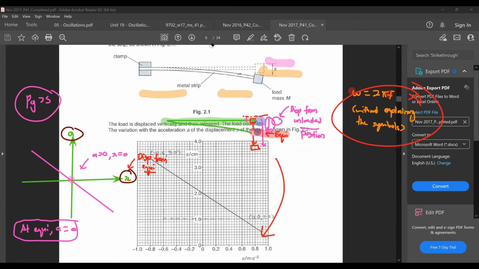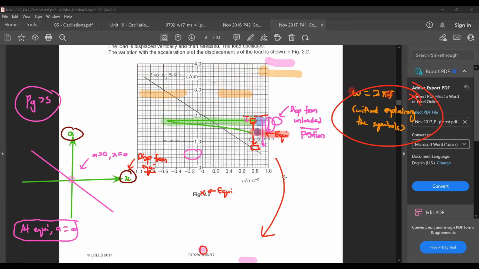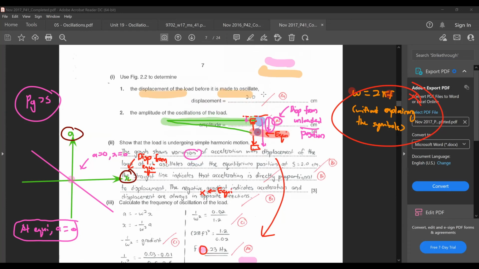When your acceleration is 0, your value of s is 2. So this is the equilibrium position, the displacement at equilibrium position, because here your acceleration is 0. So your answer for that question is that your displacement is 2 centimeter.